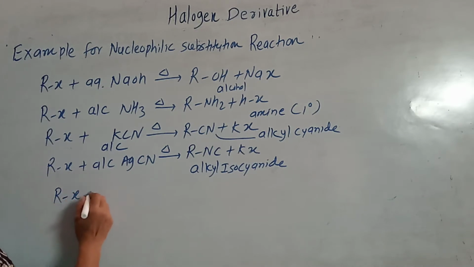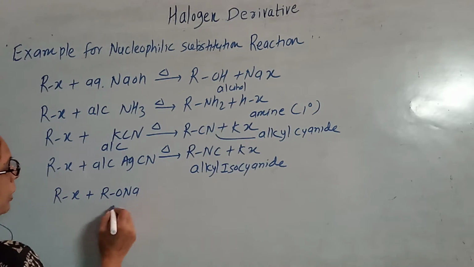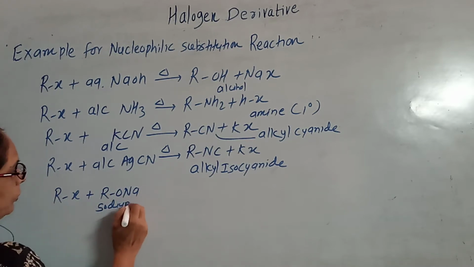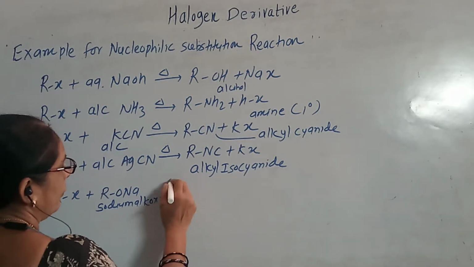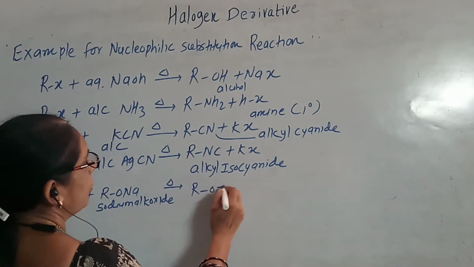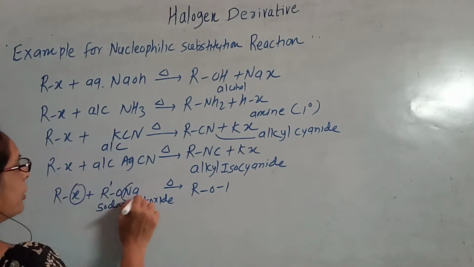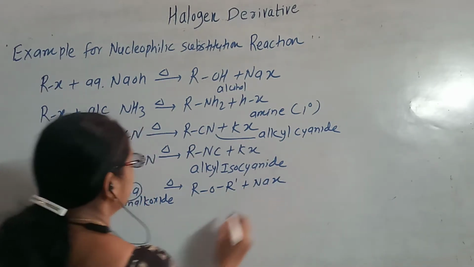Similarly, when alkyl halide is reacted with sodium alkoxide, it gives R-O-R dash, and NaX is the byproduct.